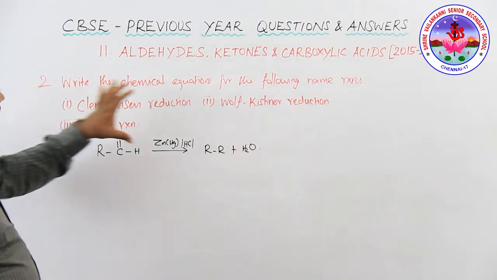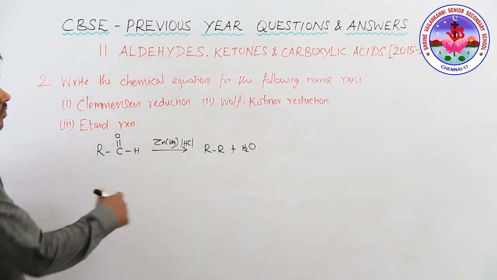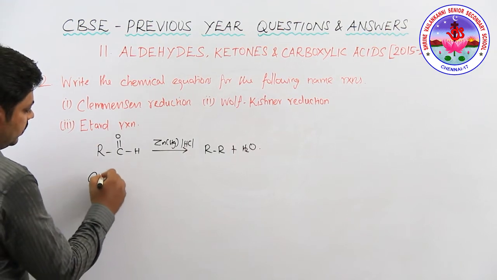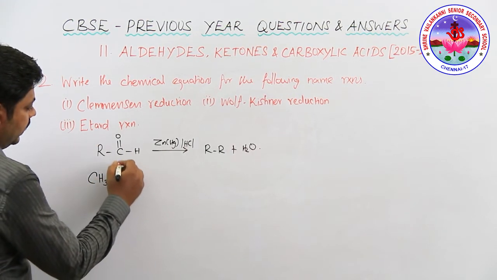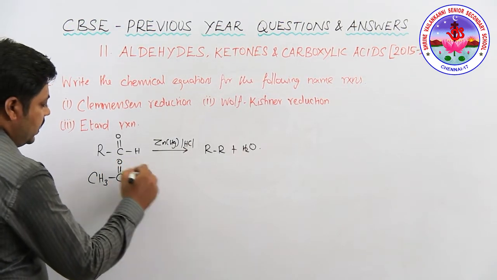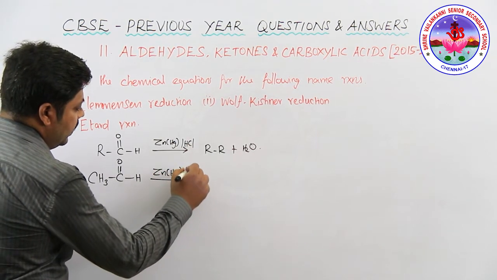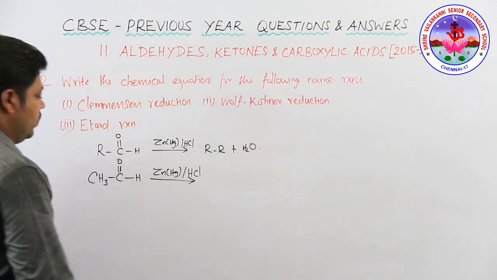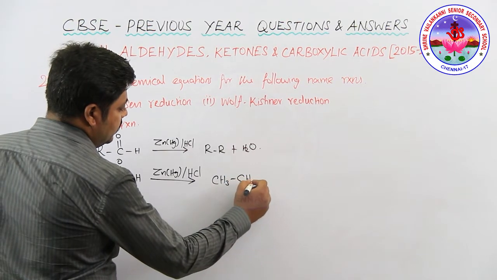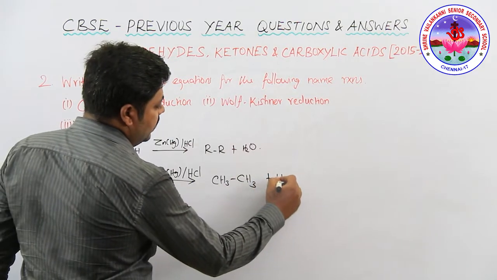But here, write the chemical equations for the following name reactions, or sometimes write the chemical equation involved in the following reactions. It means you have to use specific compounds instead of R, for example CH3C=OH, acetaldehyde, in the presence of zinc amalgam and HCl, to form alkane, that is CH3CH3, ethane, and H2O.